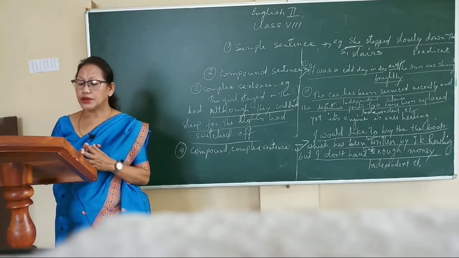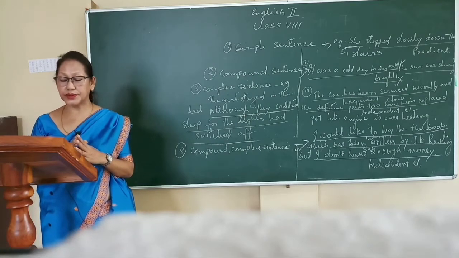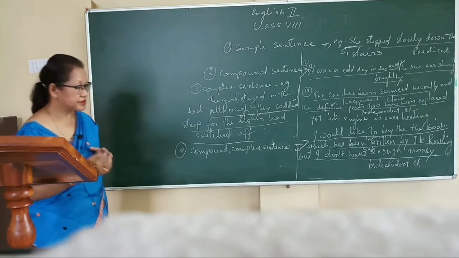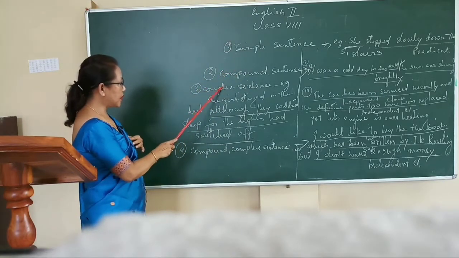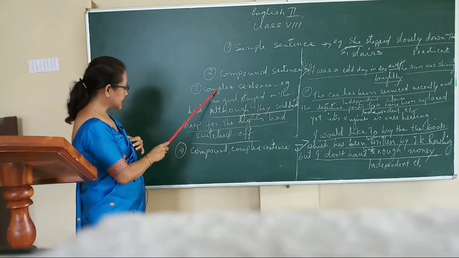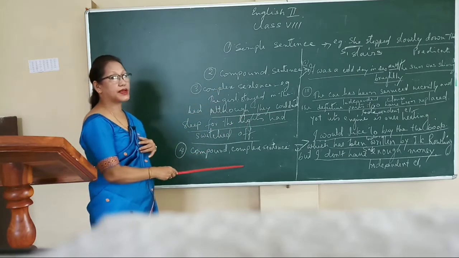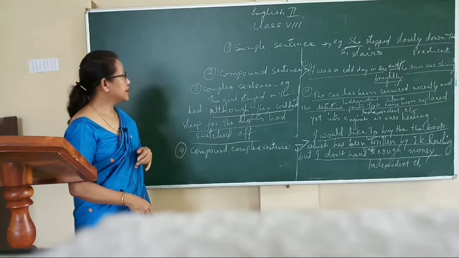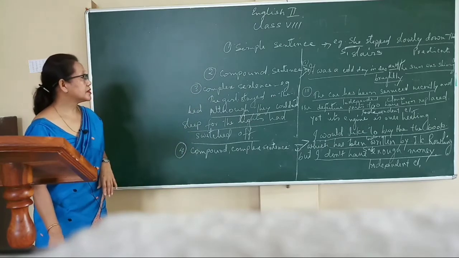Well, there are 4 types of sentences in English grammar. These are simple sentence, compound sentence, complex sentence, and number 4, compound complex sentence. Now, we will go into details step by step.